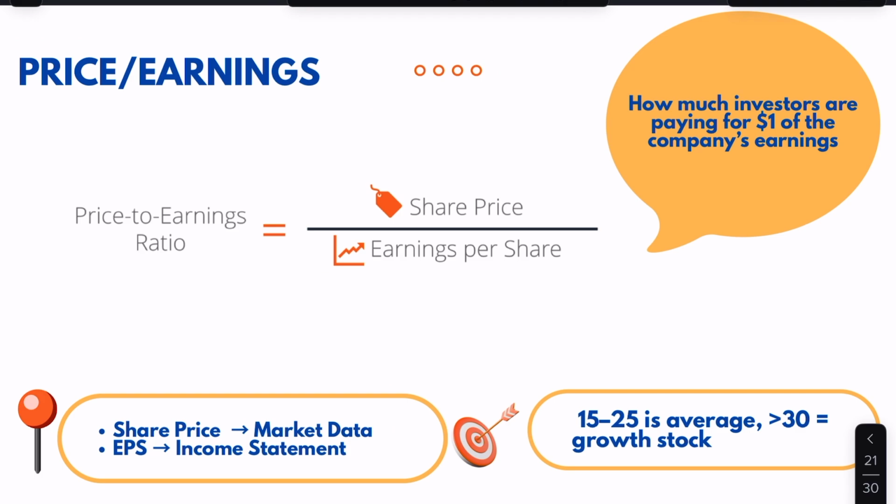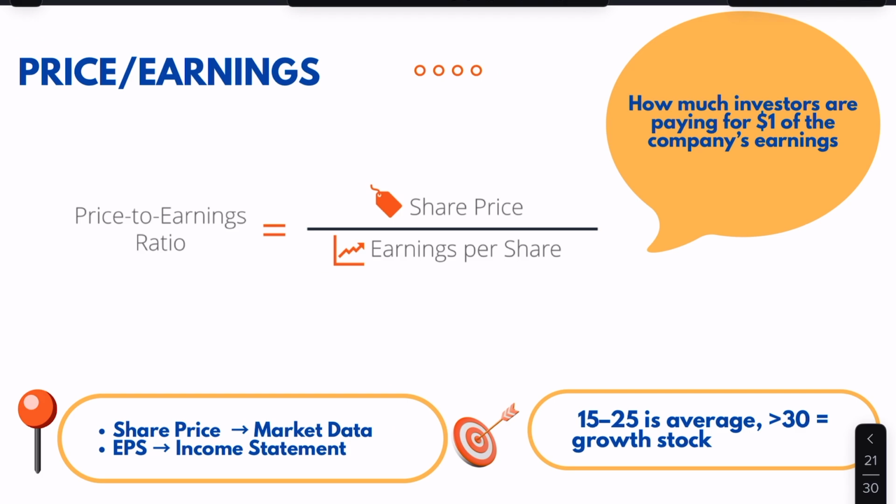Next, let's look at the price to earnings ratio. This tells you how much investors are paying for each $1 of earnings. The formula is share price divided by earnings per share. Share price you can find from the market data on Yahoo Finance and other such sites, and EPS you can find in the income statement.